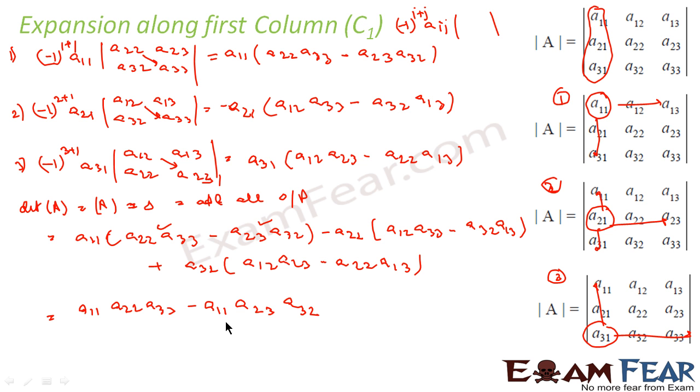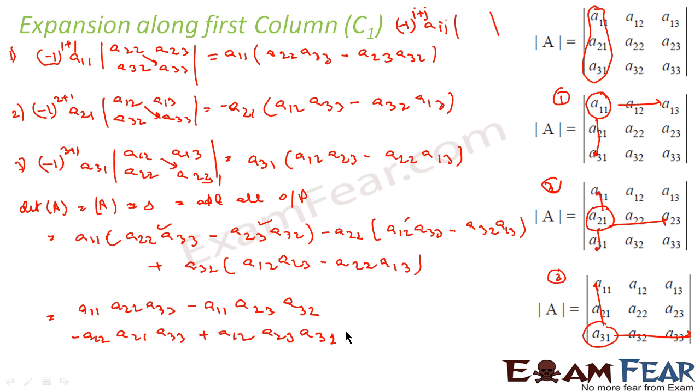I have a12 here and I have a12 here. Taking this a12 first, this becomes minus a12 a21 a33, and then this guy comes plus a12 a23 a31.